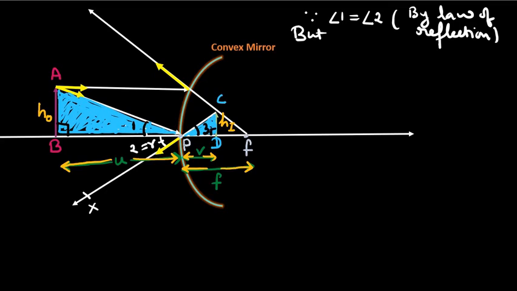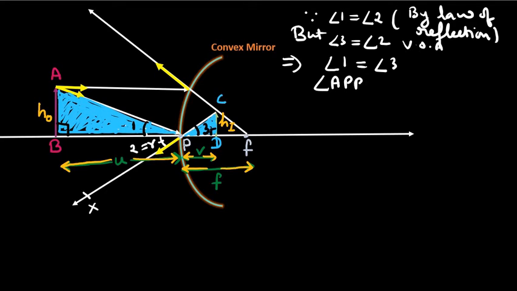But angle 2 is equal to angle 3 since they are vertically opposite angles. From the above two equations, we will know that angle 1 is equal to angle 3. So angle 1 is angle APB and angle 3 is angle CPD.